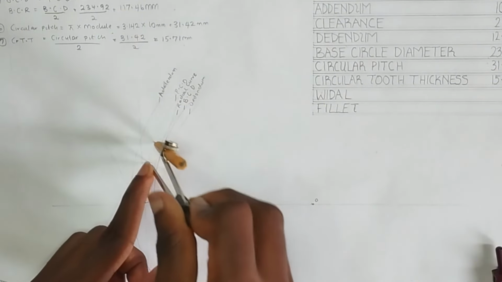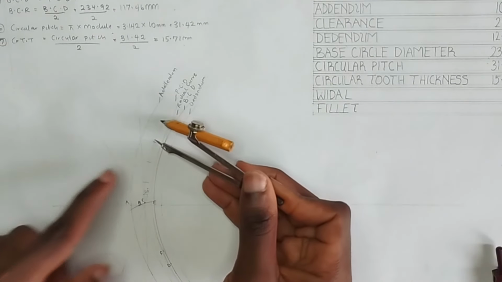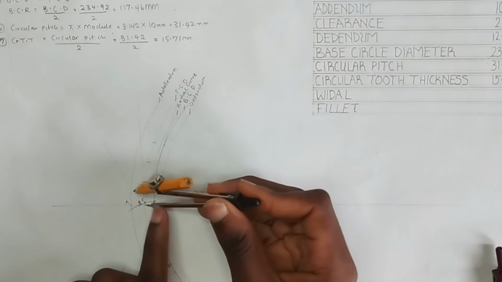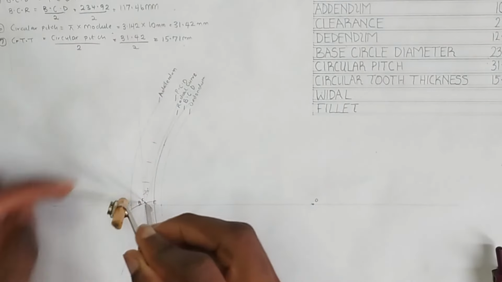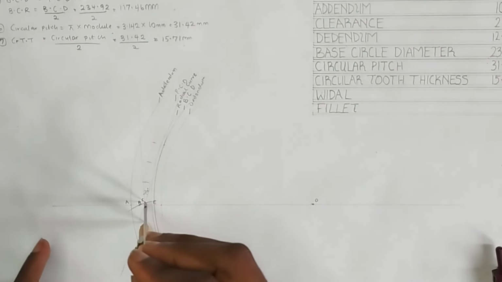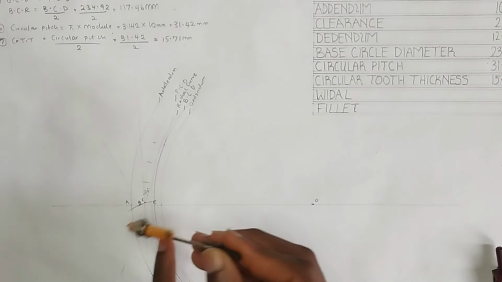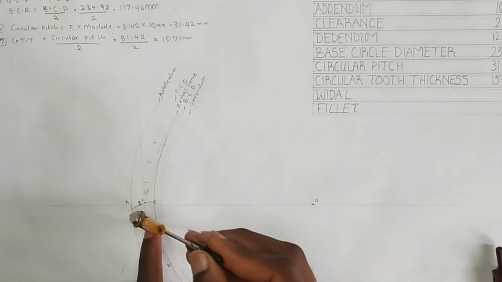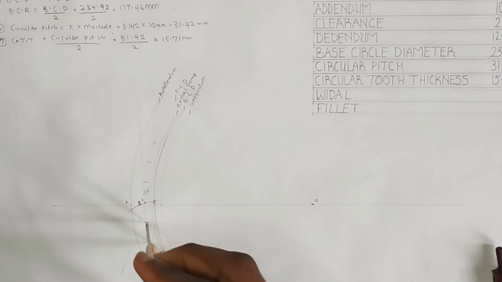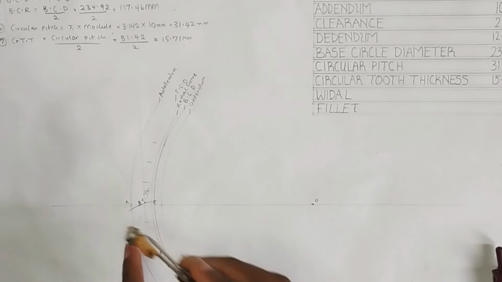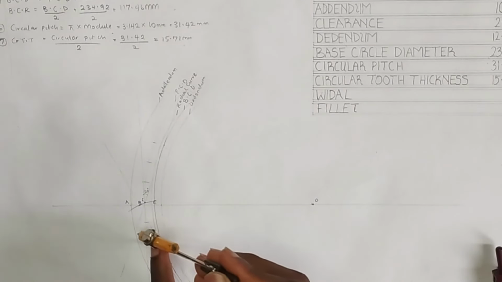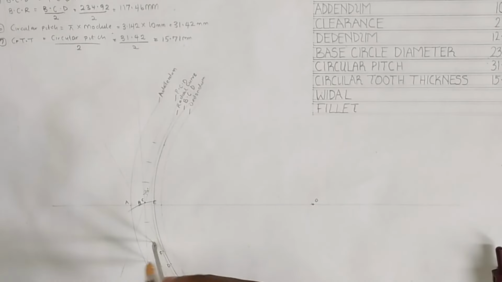Strike an arc. So this is one tooth, this is two tooths. Then I'm going to do the same. You can strike as many as possible. I'm going to do the same for here. Strike an arc like this. Then for this part, strike an arc, then strike an arc also.